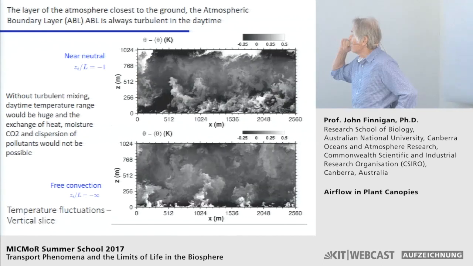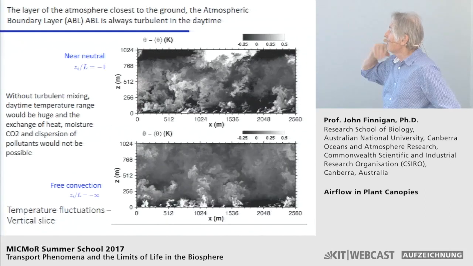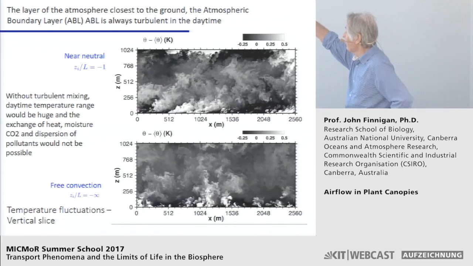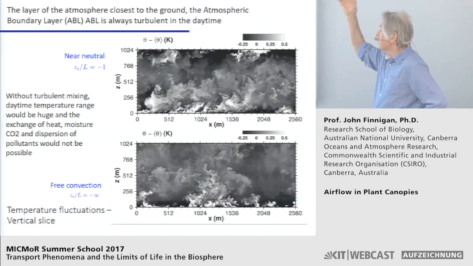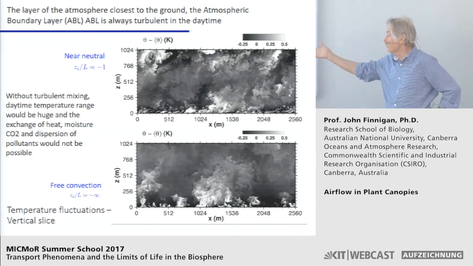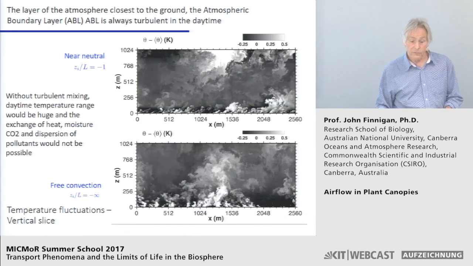So in this case, we're looking at the temperature patterns in the atmospheric boundary layer up to over 1,000 meters. And we're just seeing the top of the boundary layer in the near neutral case, where the thing is driven by wind, and in the free convection case, where things are driven entirely by buoyancy, the boundary layer is even deeper.